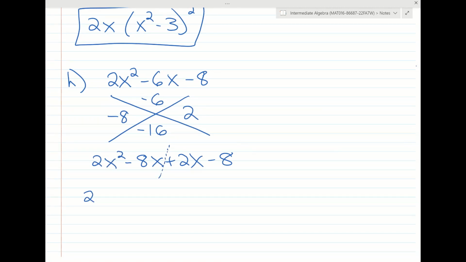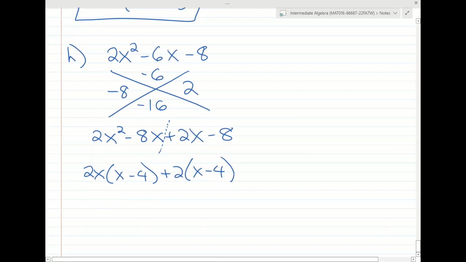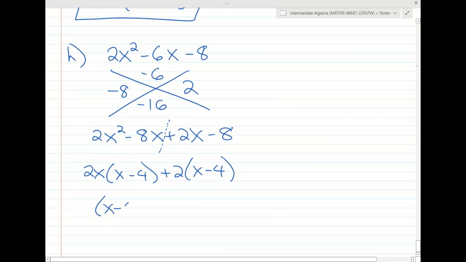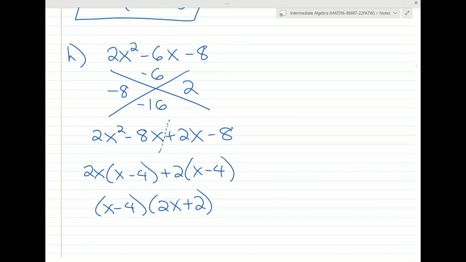Cutting it down the middle, we can take out a 2x. We could take out a 2. You wind up with x minus 4 times 2x plus 2. So again, I wouldn't recommend that you do this.